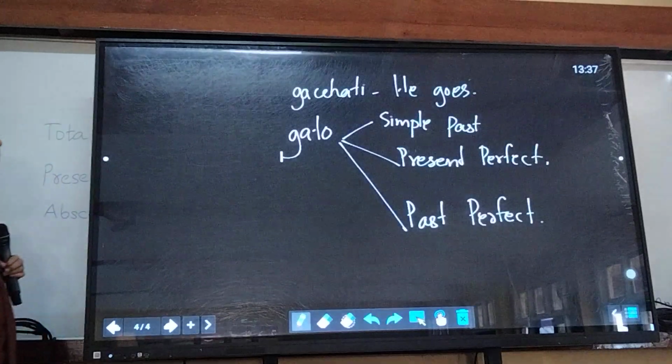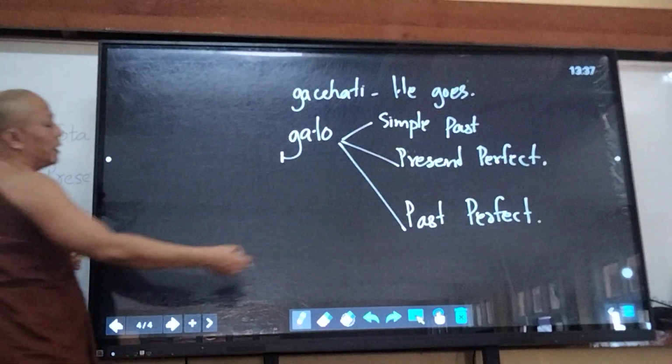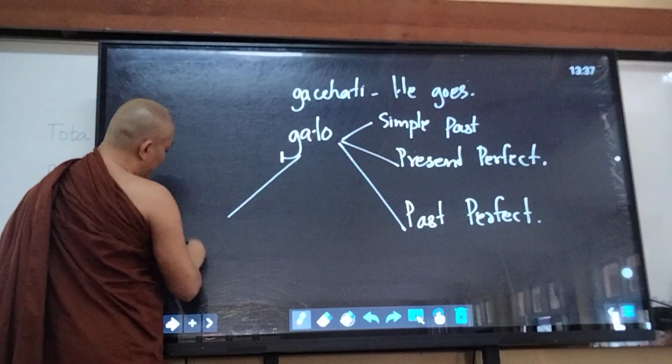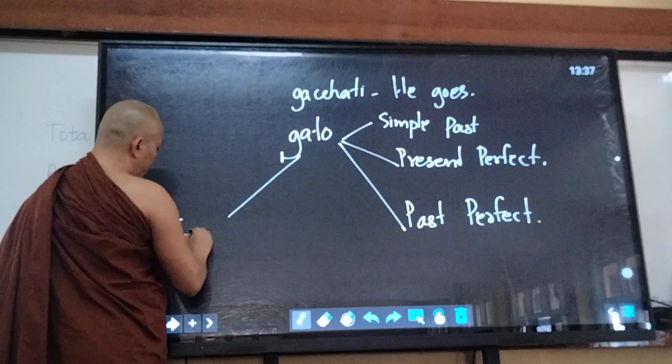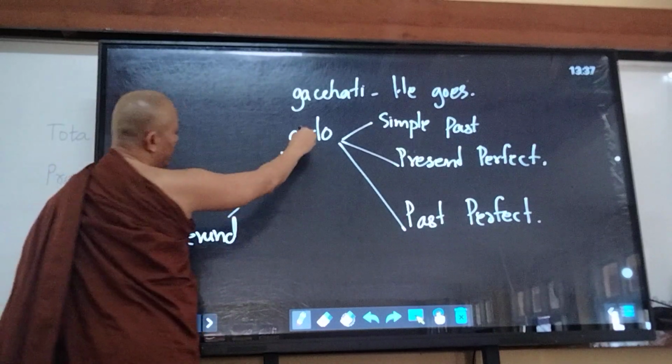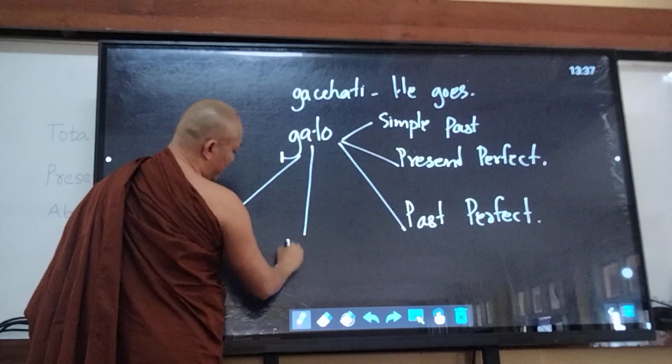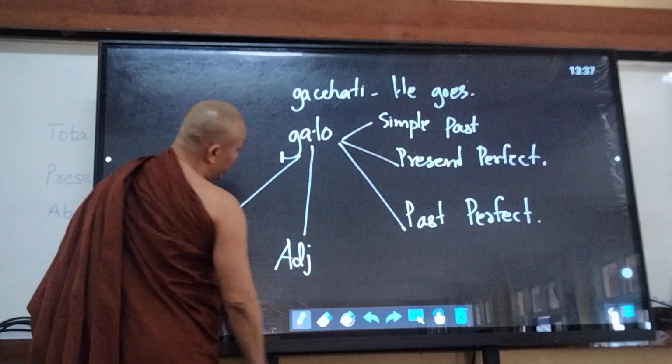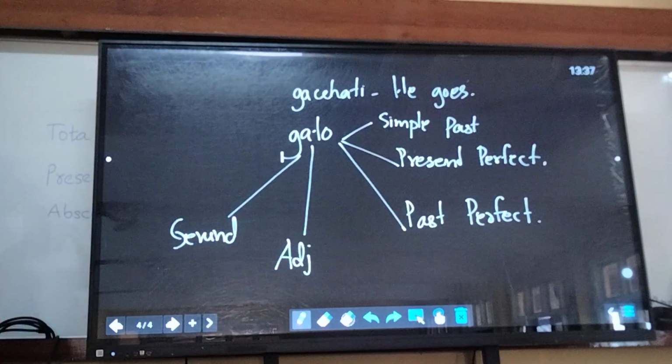So as a verb function, but maybe the other function, and the other one is adjective function, past participle adjective. Okay, so these are the five functions of the word door.